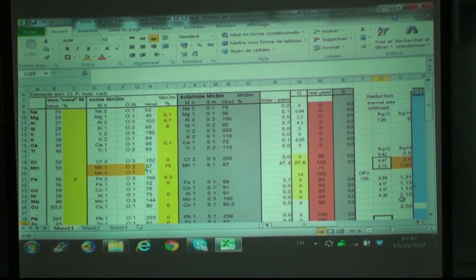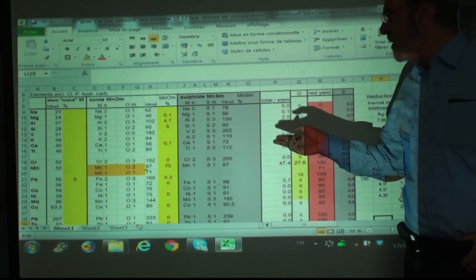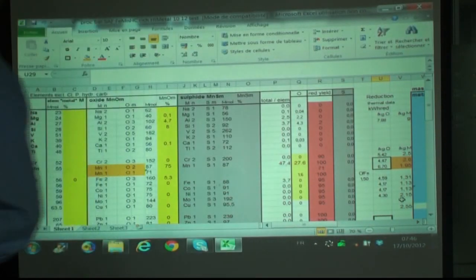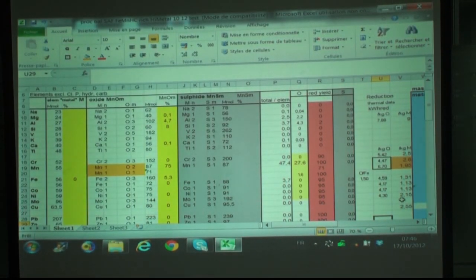In case of the iron, you have at least two, FeO and Fe2O3.